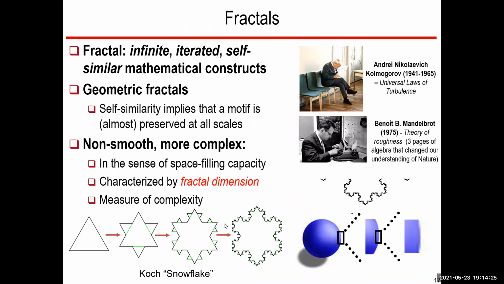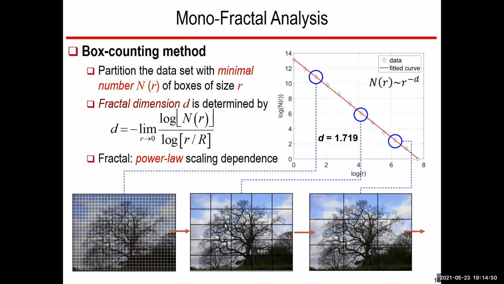Next, I'm going to briefly talk about fractals. A fractal is an infinite iterated self-similar mathematical construct, and it is characterized by fractal dimension. So we want to find the fractal dimension for each graph. One fractal analysis method is used to determine the fractal dimension of an object using the box covering method.